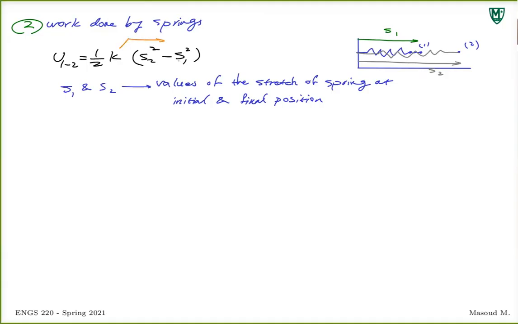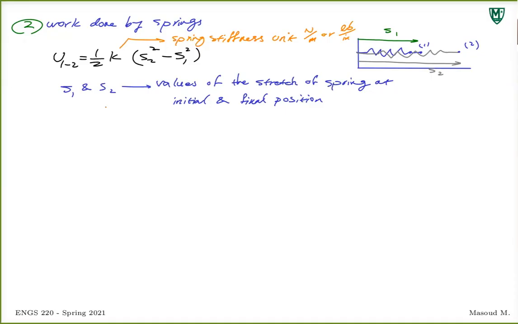K being the spring stiffness, right? Spring stiffness, I'll write it here just in case, with the unit force over displacement, Newton per meter or pound per inch, pound per foot, whatever unit you use for force divided by whatever unit you use for length.